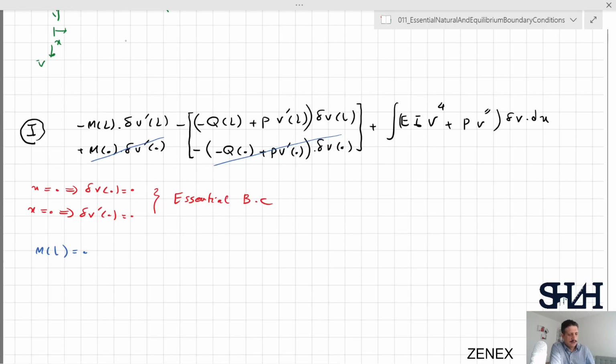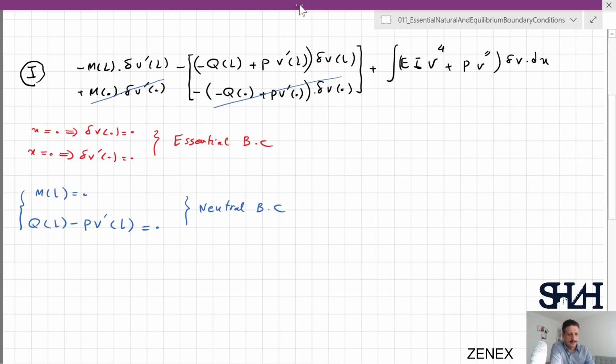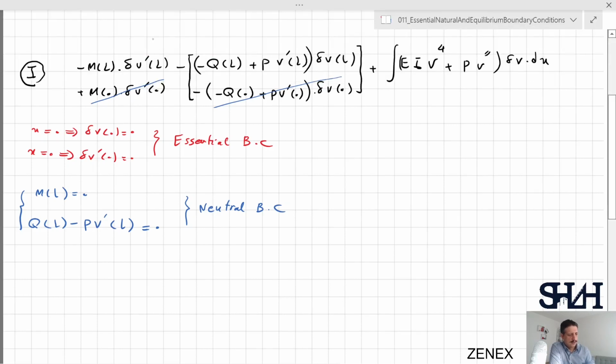And also Q at L minus Pv prime at L should be 0. So here you can see that the natural boundary condition is not the same as what we assumed. So these are called natural boundary conditions. And then the rest, which is the equation for the entire length of the beam, is called the equilibrium boundary condition.